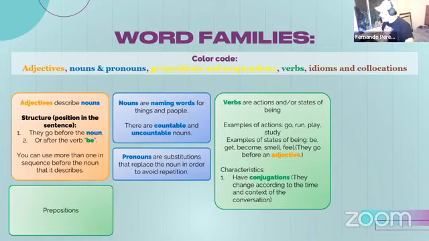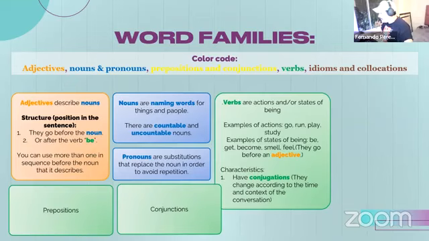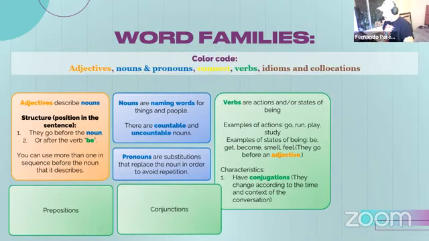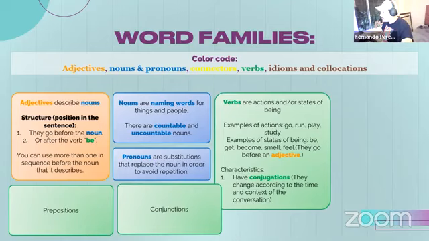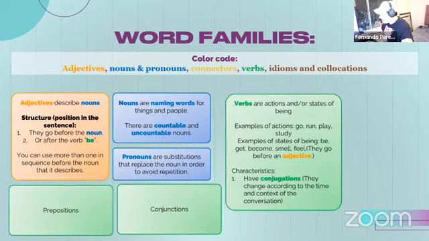And part 2, which represents conjunctions. Technically, these are going to be together in a category called connectors. Let's make it easier for you. Can you see this? Yes, it's better now. Prepositions and conjunctions.